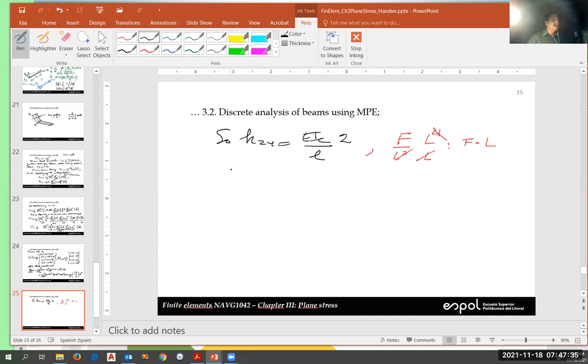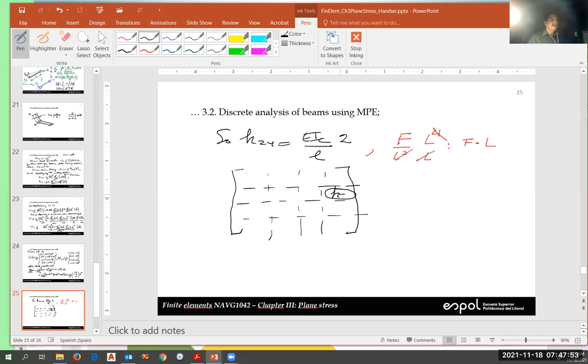In the matrix, we have 4 rows and 4 columns, so this element is here.